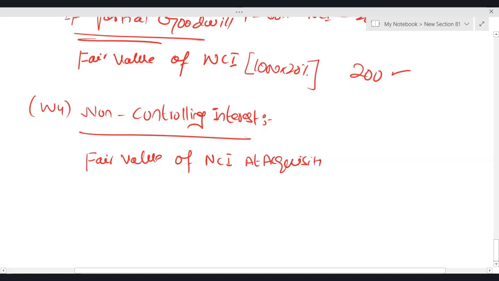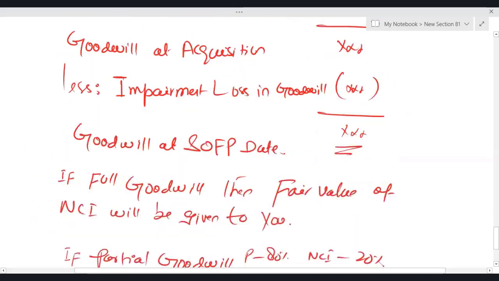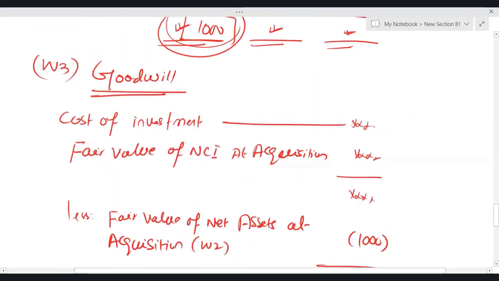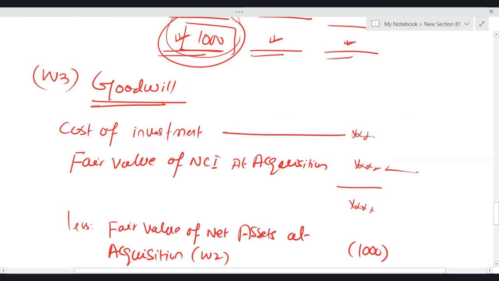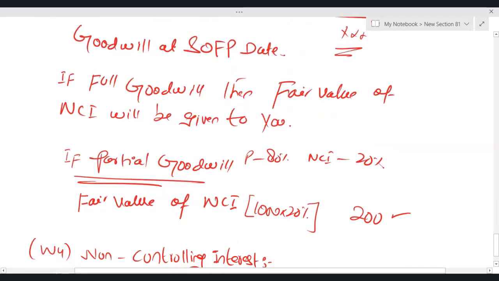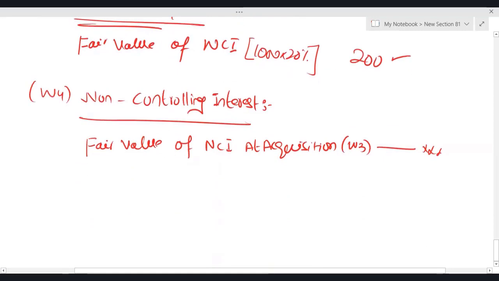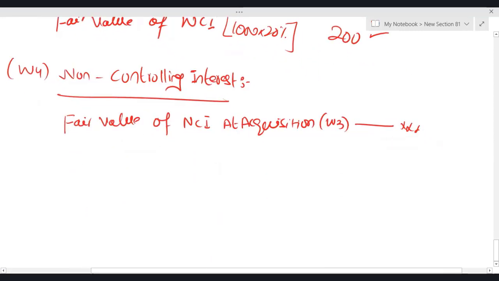It will be the same value which you have used in working 3 in the goodwill calculation. So fair value NCI comes from the value which you have used in the goodwill calculation, that is the fair value at acquisition. Now simply we have to give the share in the net assets of the subsidiary in the post acquisition.